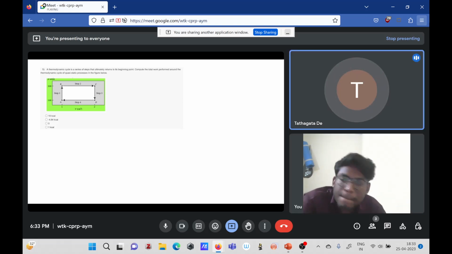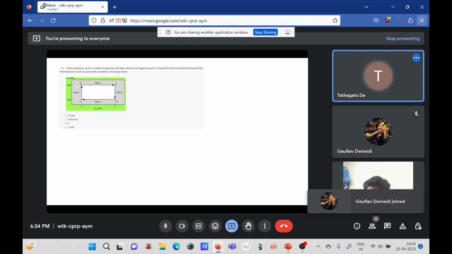So B to C: pressure is 300 atm and volume change is 2 minus 1, which is 1. So 300 atm centimeter cube. Plus D to A is negative, that one will be minus 300.